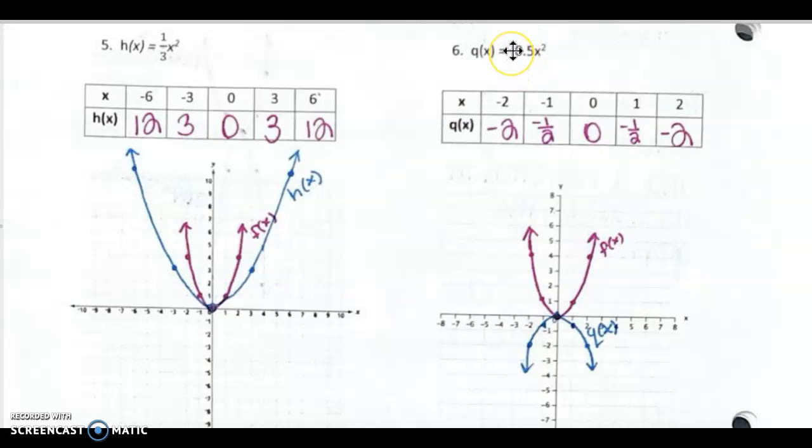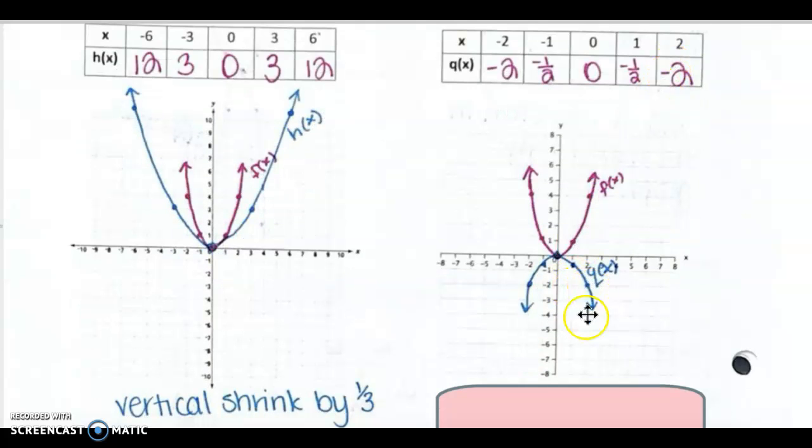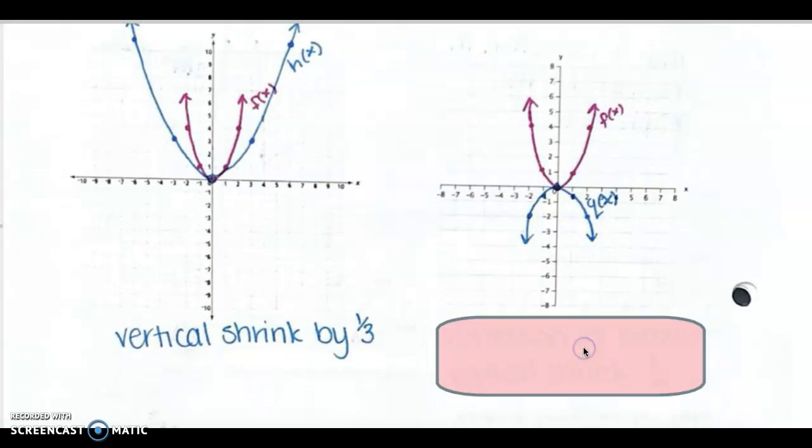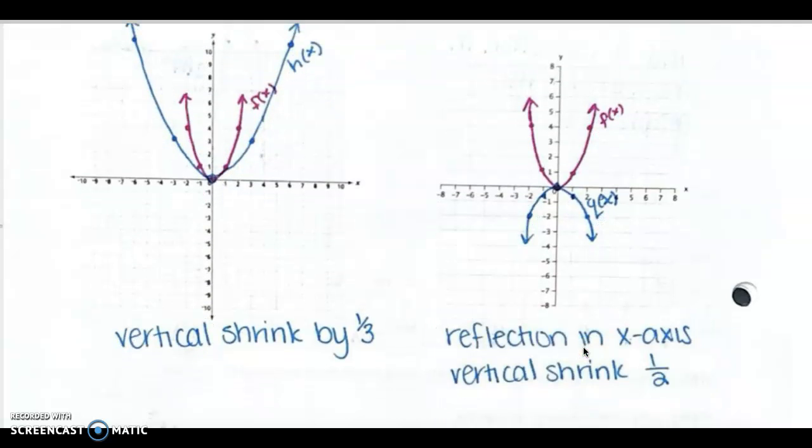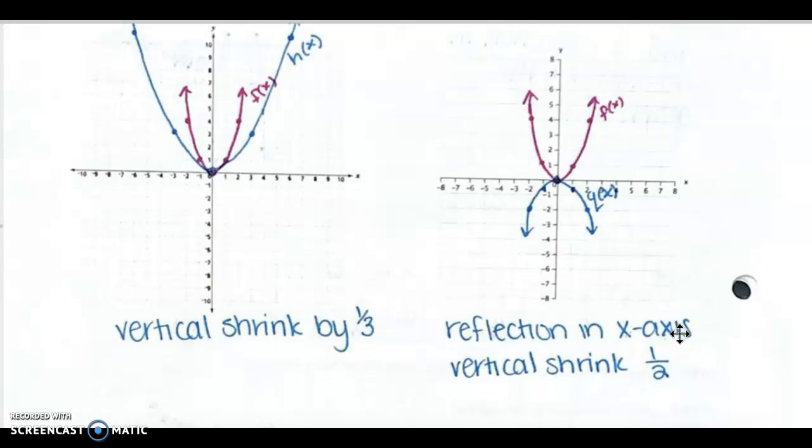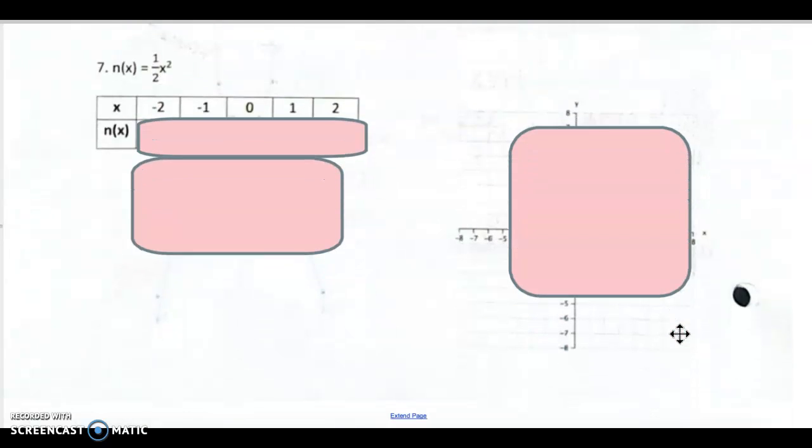So negative always means reflection. 0.5, that's between 0 and 1, which makes this a vertical shrink. So we can say it's a reflection over the x-axis and a vertical shrink by 1/2 or 0.5, whichever one you want.